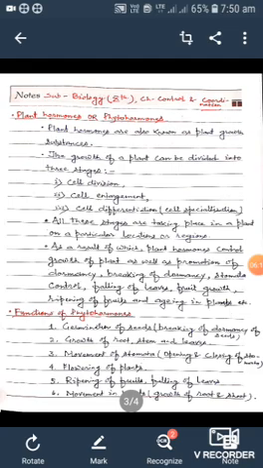The growth of a plant can be divided into three stages. First one is cell division, second, cell enlargement, third, cell differentiation or cell specialization. Do you know what cell division is?